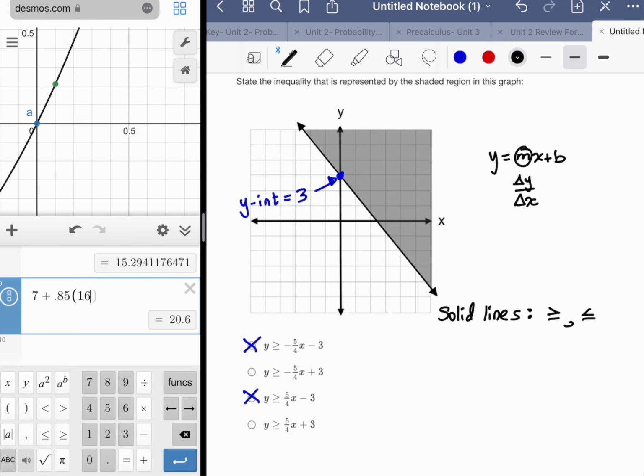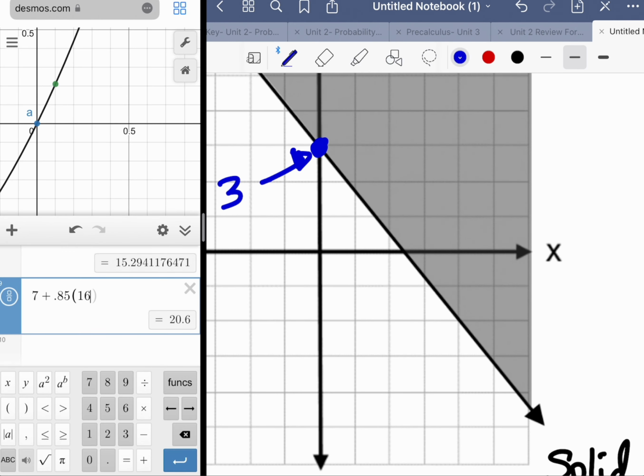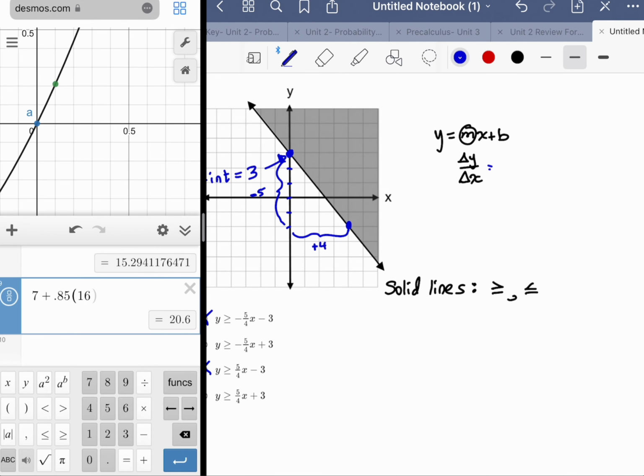I can count boxes. All I'd have to do is find a clean set of intersections here. I got the one at the y-intercept. The next clean one seems to be right here, which is down 5 and to the right 4. So that slope would be negative 5 over 4.